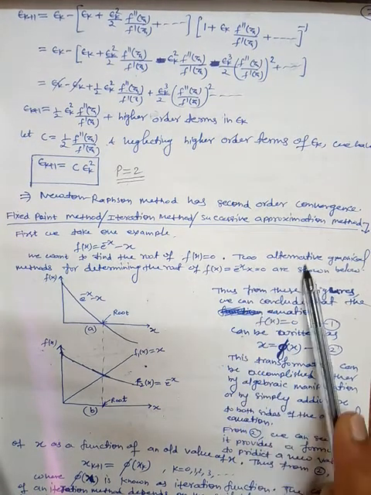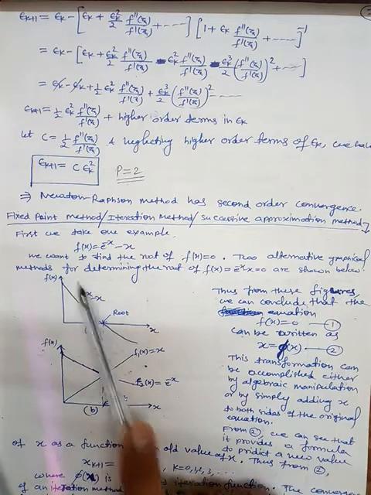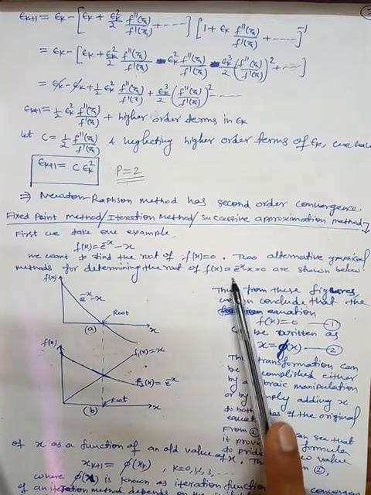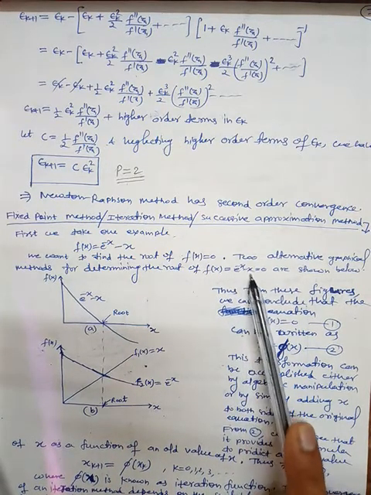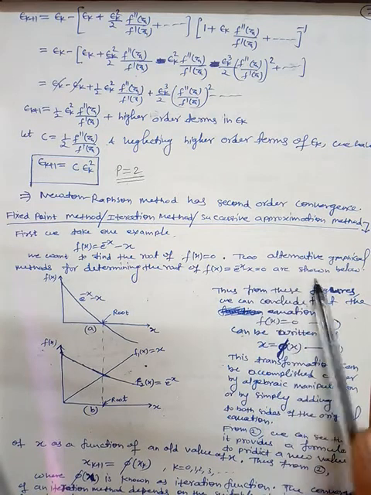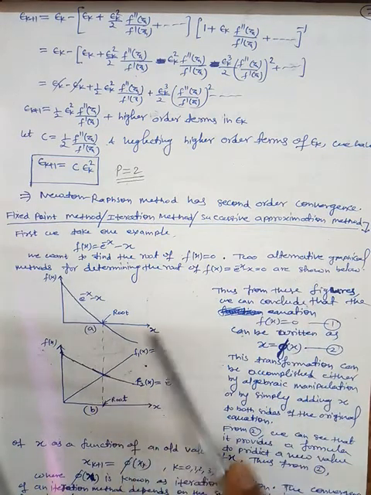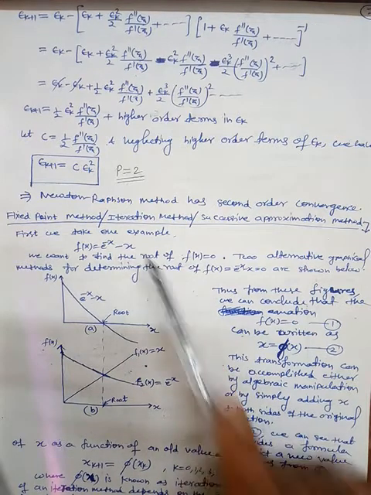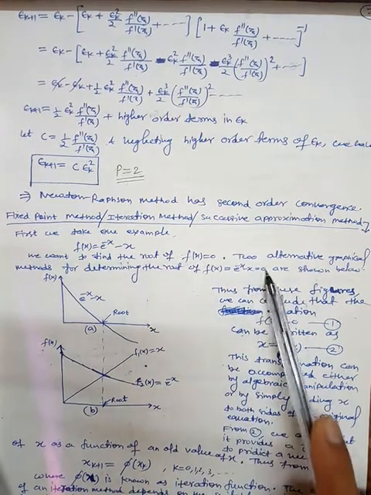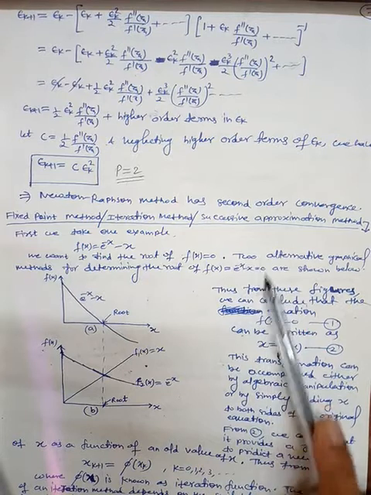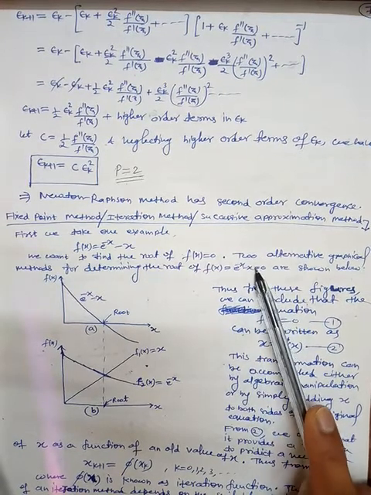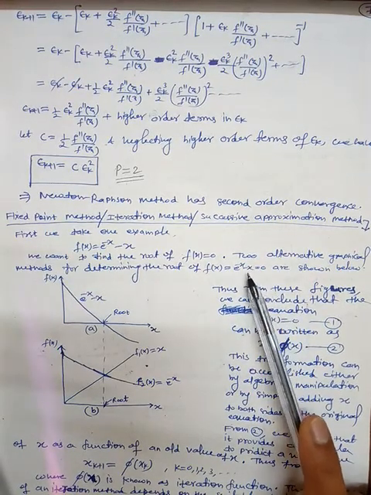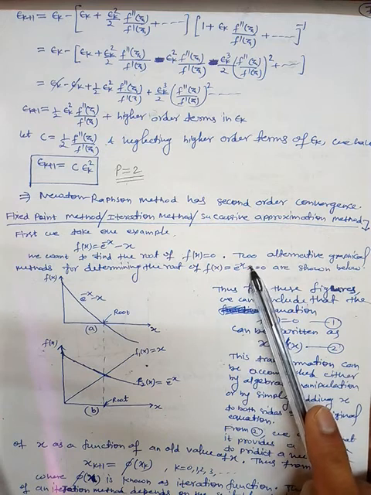So two alternate graphical methods for determining the root of f of x equal to e raised to the power minus x equal to 0 are shown below. So this is the actual curve, e raised to the power minus x. When you put it at 0, this equation can be written as x is equal to e raised to the power minus x.